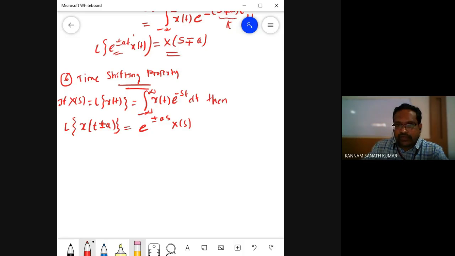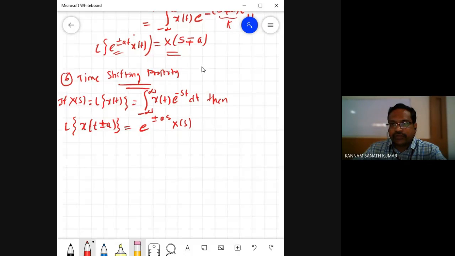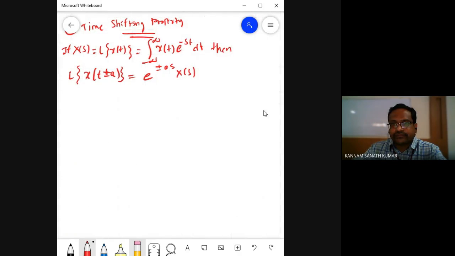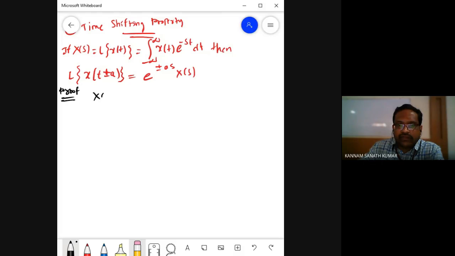So this is the time shifting property, and we will see the proof. What is X of s? X of s equals the Laplace transform of x of t, which is the integration from minus infinity to infinity of x of t into e power minus st into dt.